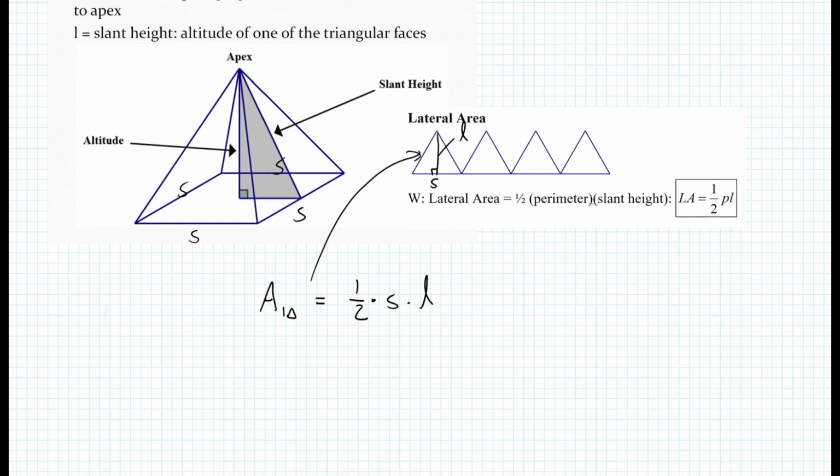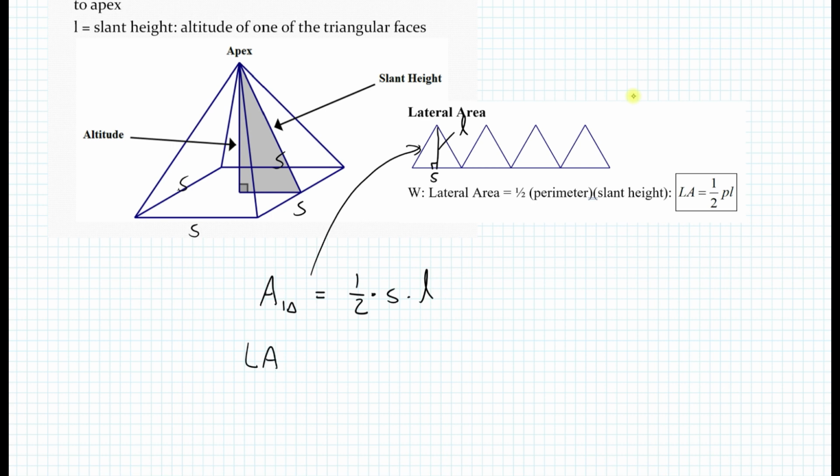Now if you want to find the lateral area, which includes the area of all the triangles, all you need to do is multiply that by 4. So 4 times 1/2 times S times the slant height.